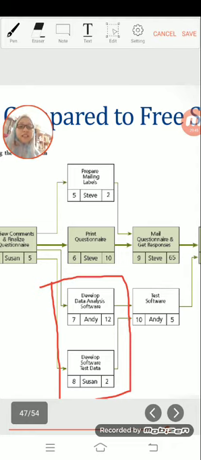Therefore, free slack is the amount an activity can be postponed without delaying the earliest start time. It can start at day 3, it can start at day 7, and the latest it can start is at day 10.